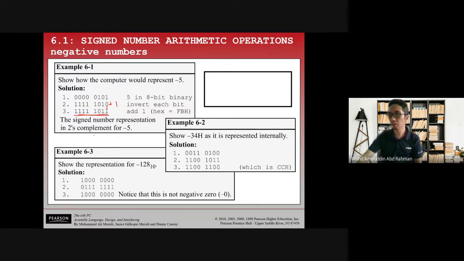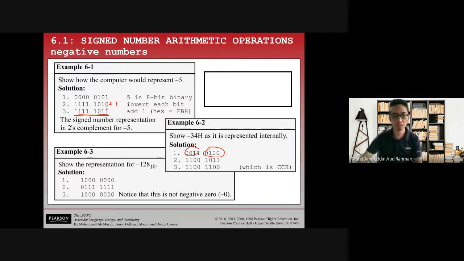And then we have example 6.2. We have a number, minus 34. So we have 3 over there and then 4 over there, so 0010 0010 is 34.